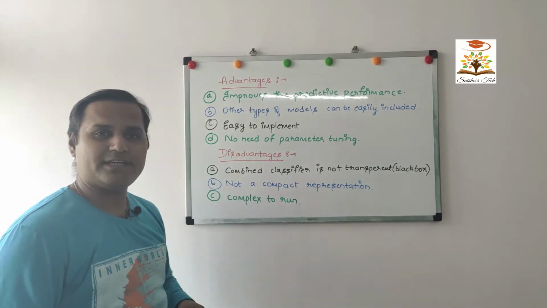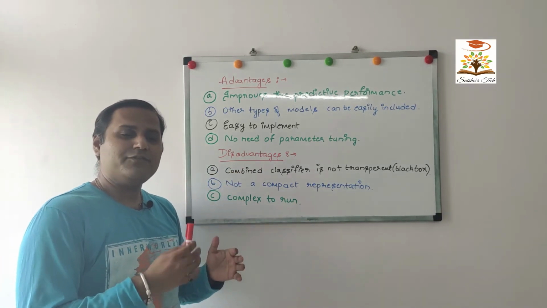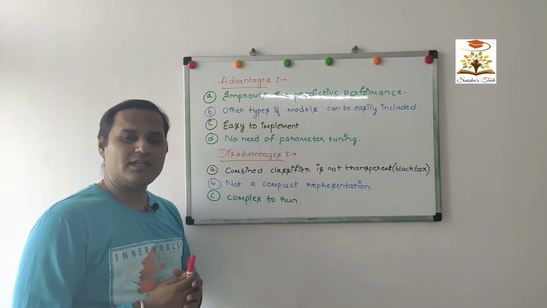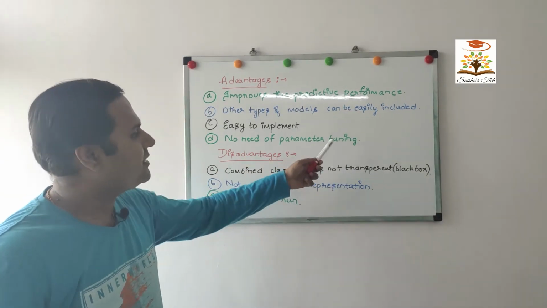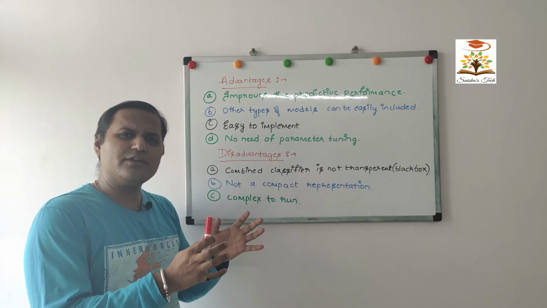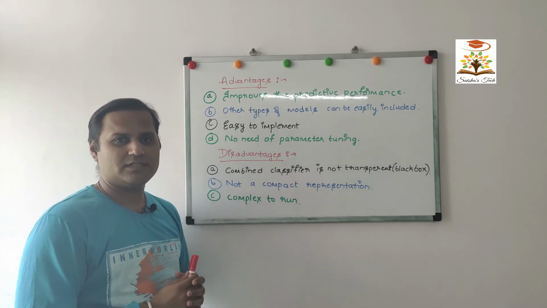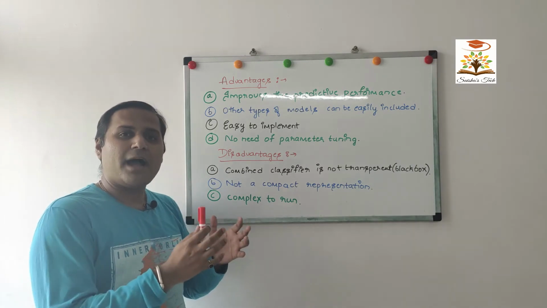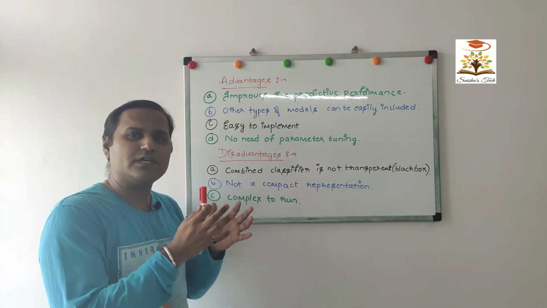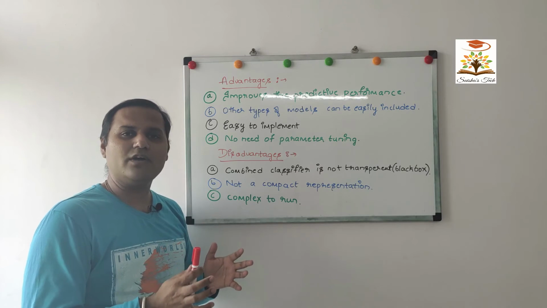Easy to implement. That is, we can build ensemble models easily. No need of parameter tuning. As we are using different types of models, M1, M2 and till Mn, hence, the hyperparameter tuning for each of the models separately is not required.